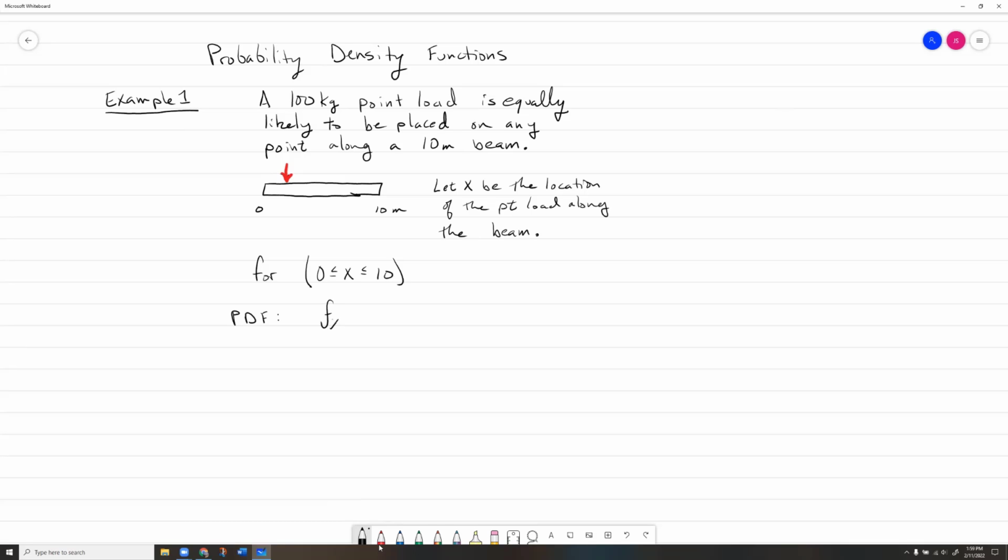So little f, big X, little x is equal to some value. We don't actually know what it is yet. We're actually going to solve for that. Some value for x being between 0 and 10, and then 0 otherwise. So if we're outside of that, we're not on the beam, and it doesn't matter.